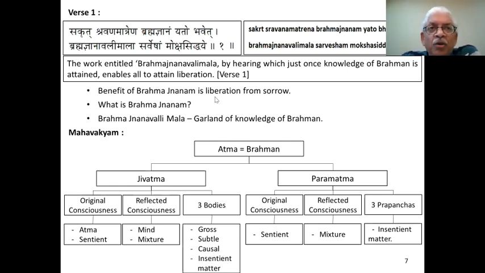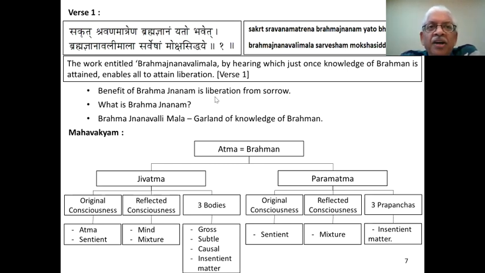The three bodies, as you have seen in Tattva Bodha, are the gross body, the subtle body, which is the mind and the 17 organs, which we all know. From Tattva Bodha, we know the 5 organs of knowledge, 5 organs of action, 5 pranas, mind and intellect. These 17 parts are together called the subtle body.